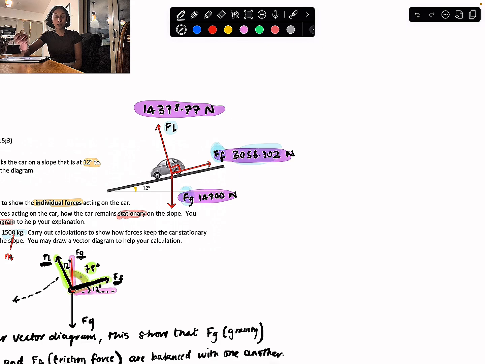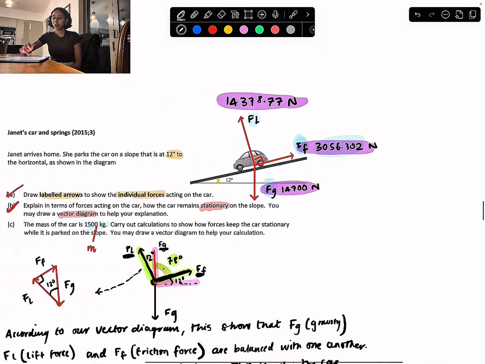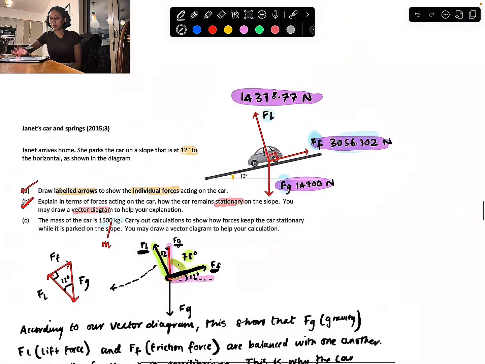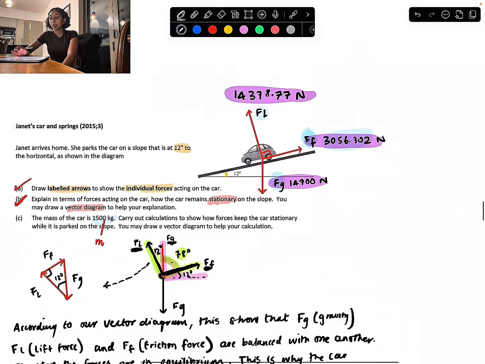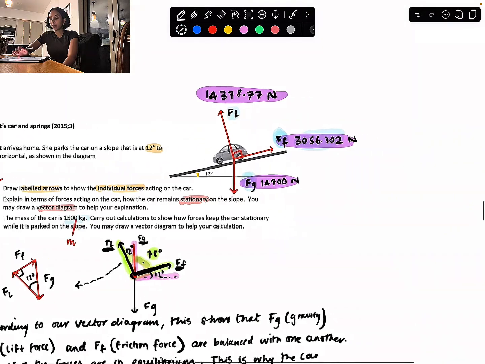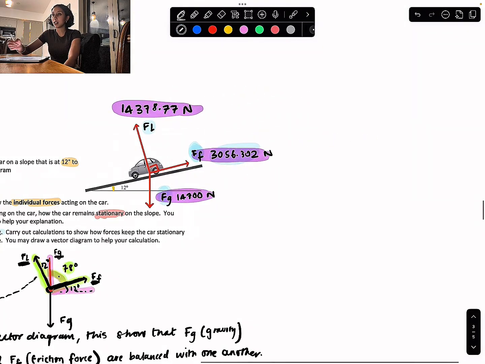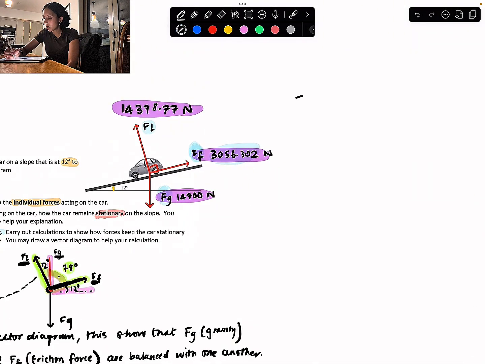But we do need to put this into words, okay? So just to remind ourselves, we need to carry out calculations to show how the forces keep the car stationary, okay? So this is how I'm going to say it. The forces balance each other out.